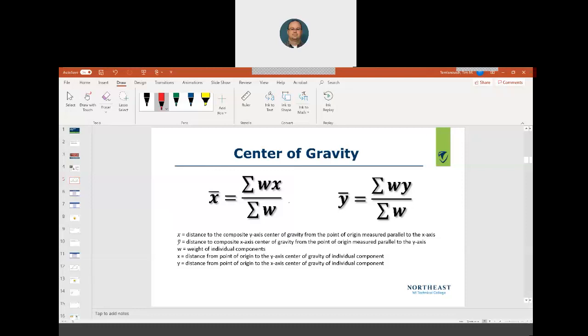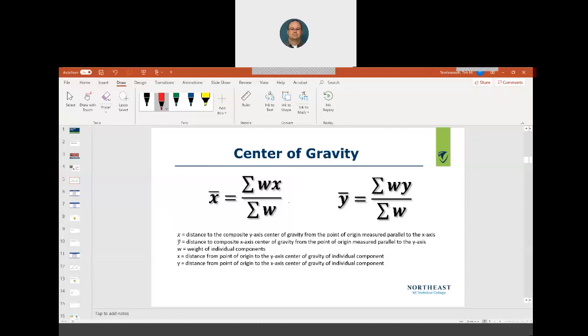X bar is the distance to the composite y-axis center of gravity from the point of origin, measured parallel to the x-axis. When it's X bar, we're measuring in the x direction. So X bar actually locates the Y centroidal axis. Y bar locates the XX centroidal axis. Y bar is the distance to the composite.